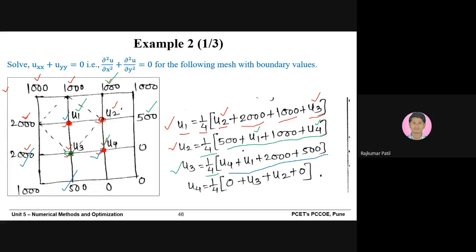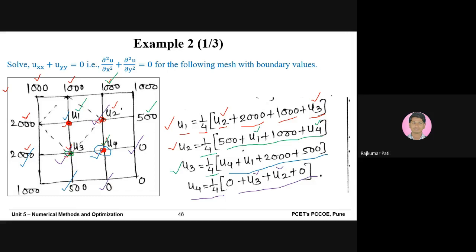And similarly for u4, we can prepare a similar formula. So you can see u4 is equal to 1/4 into (0 plus u3 plus u2 plus 0). This is the formula for u4. Again, in this equation, there are two unknowns.